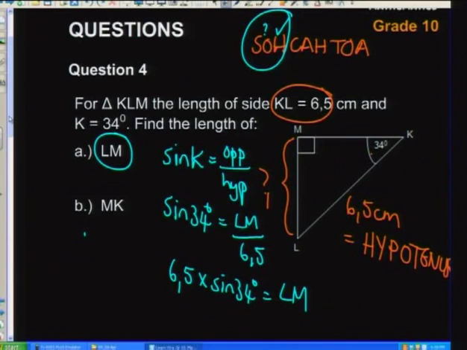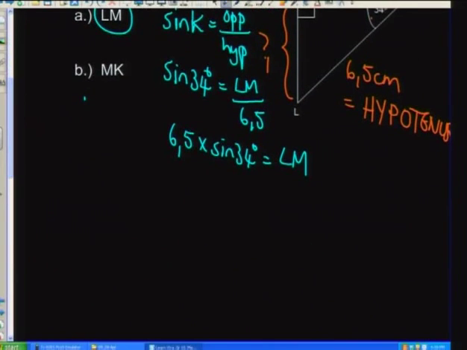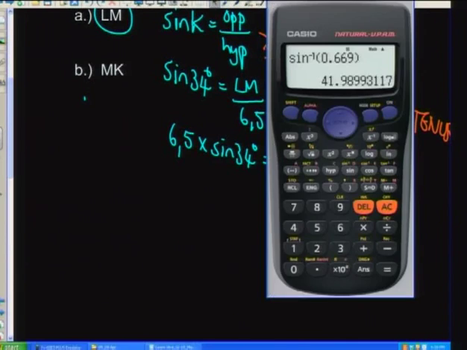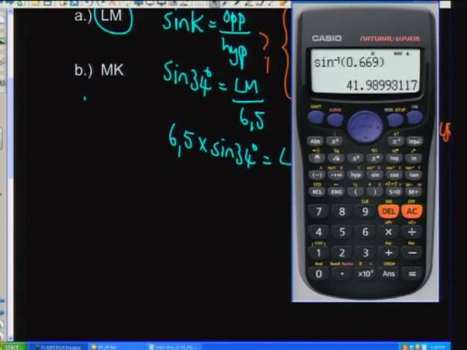And then we can use our friend, our little calculator, to say, okay, what is 6.5? And we just punch it in that order, times our sine of 34 degrees equals. And it's telling us the length of that side will be 3.63.